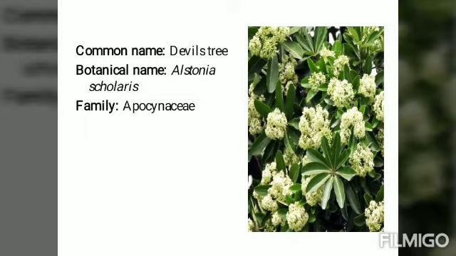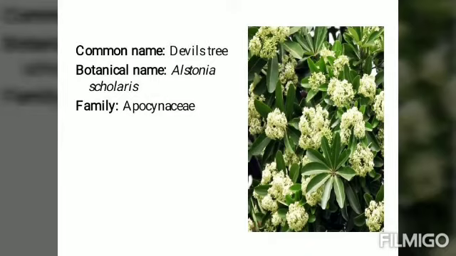I have not mentioned the chromosome number, because I will check more on it and send it to you. So I have just mentioned the common name, botanical name, and the family. So what is its botanical name? Alstonia scholaris.